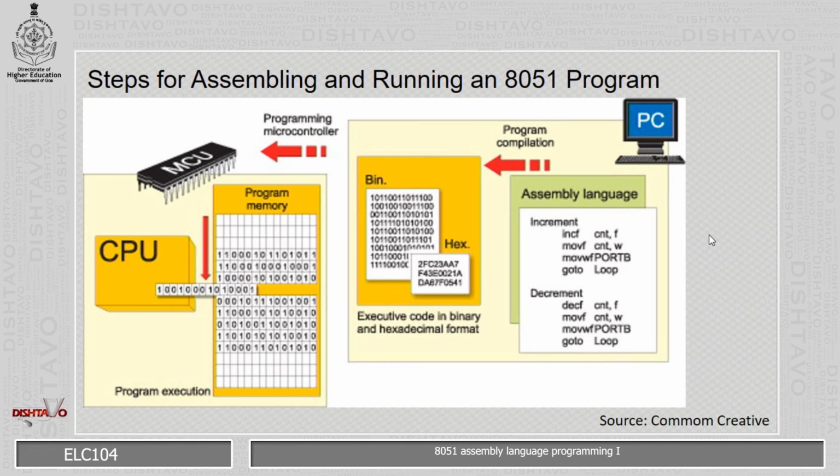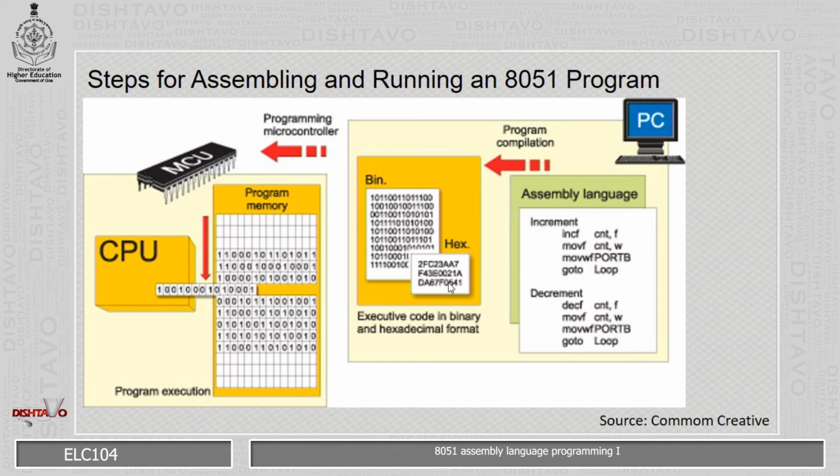These are some of the steps for assembling and running an 8051 program. If we have an assembly language program, then we have to have an assembler for compiling this program, and once we assemble this program, if everything goes right, we'll be generating a bin file, that is a binary file, and the hexadecimal format of this binary file is this one.